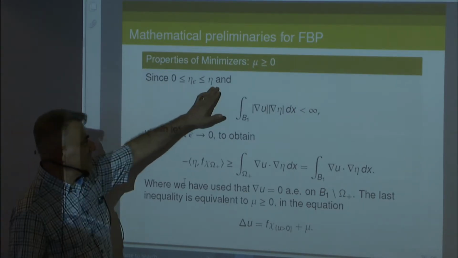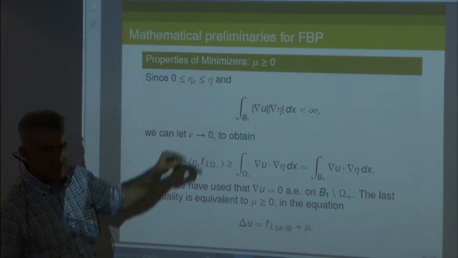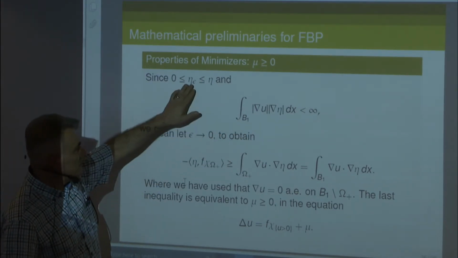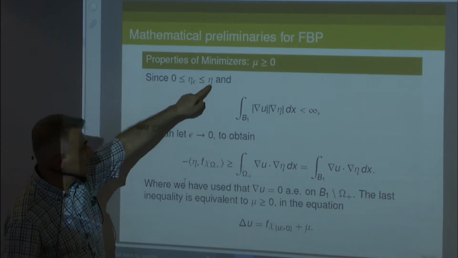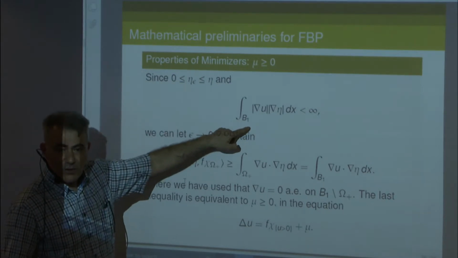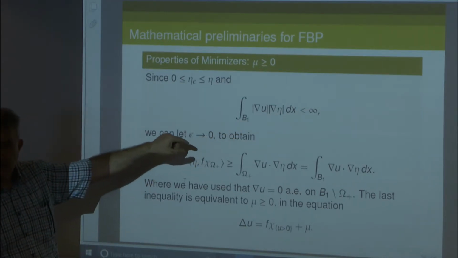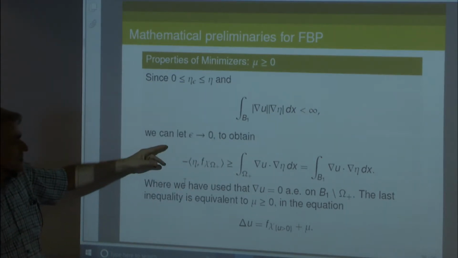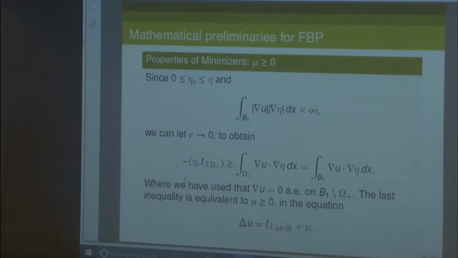Okay, I'm sorry, I thought it was following from this, I couldn't see that. So since we have this one and this one, this is obvious because psi is always less than 1. So this is less than eta. And for this integral, apply Holder inequality and use that the gradient of u is in L2, and eta is very smooth, so this is bounded. This together with this allows us to let epsilon go to 0 and use the dominated convergence theorem or bounded Lebesgue theorem.